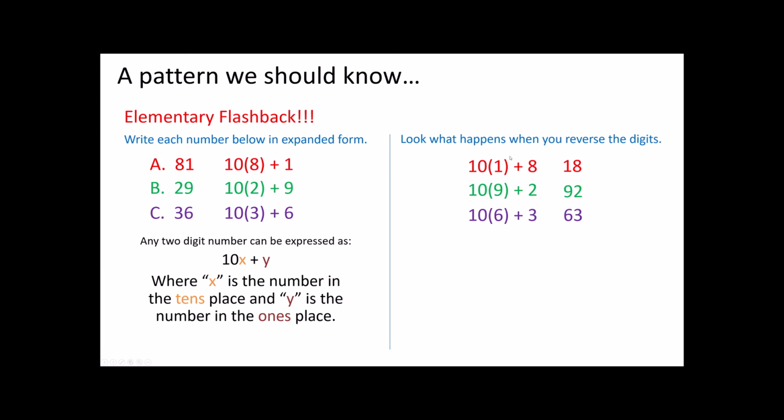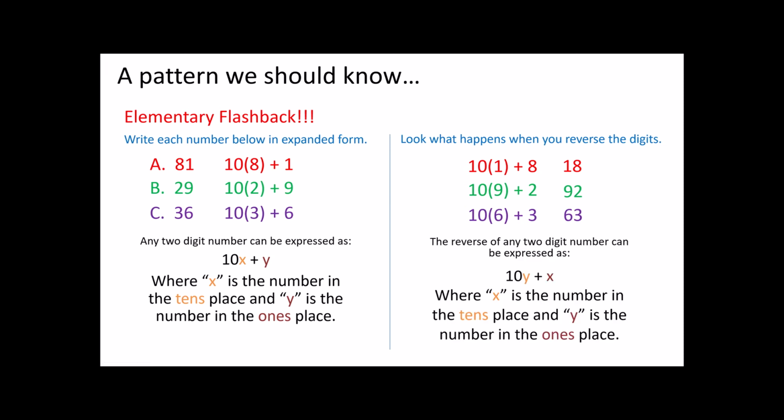When you switch the location of the number, you switch which value is in the tens place and which value is in the ones place, resulting in the reverse of the original number. Notice 81 is now written backwards as 18, 29 is written backwards as 92, 36 is now written backwards as 63. We can represent this algebraically as well.